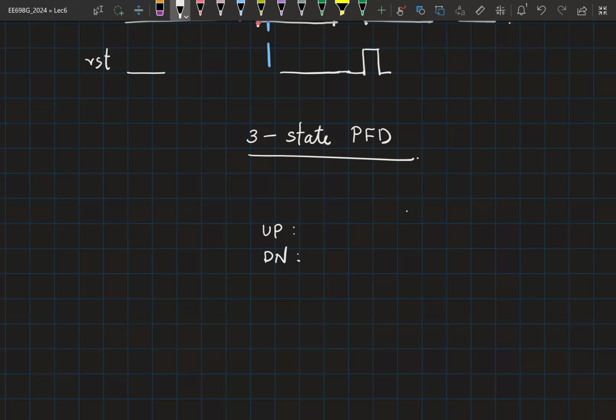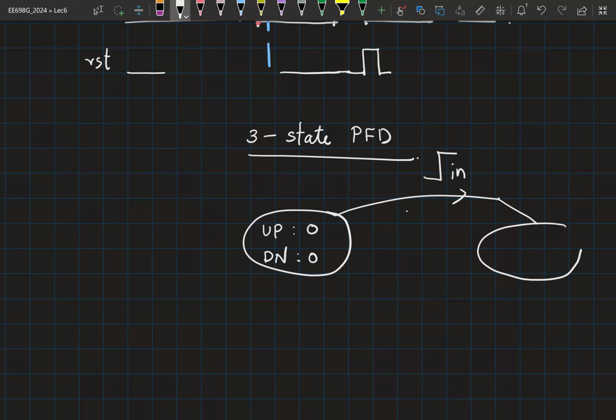For example, let's start with up and down being equal to 0, right? This is a very stable state. Now, if you had a rising edge in 1, what is the state you go to? Up is 1 and down is 0. Now, if I have a rising edge in 2, so this is in 1, in 2, you come back to up equal to 0, down equal to 0.